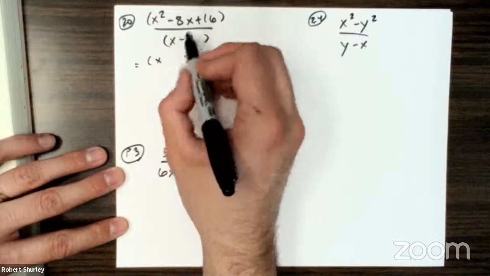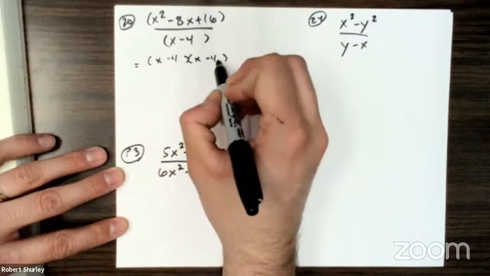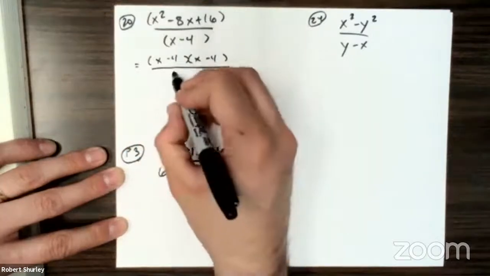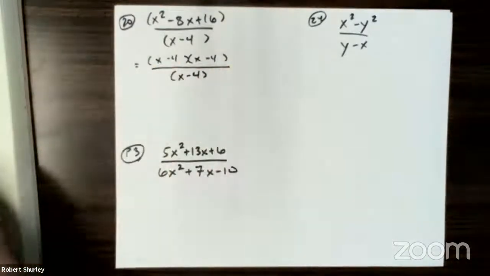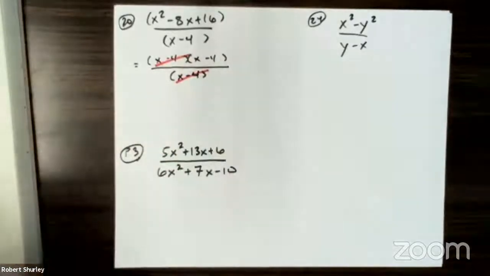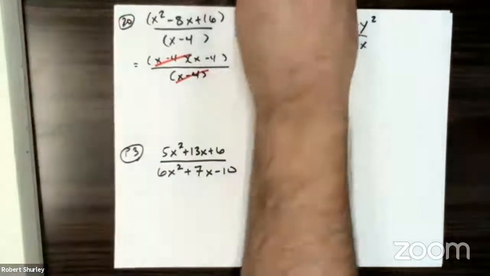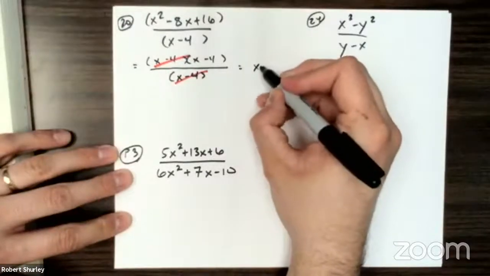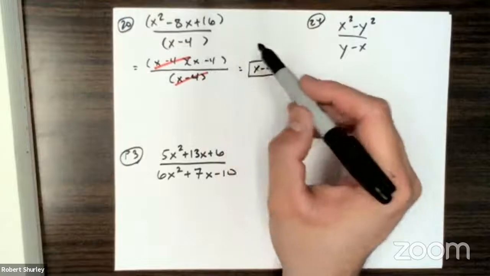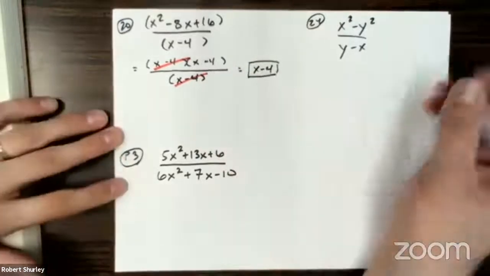So this would be minus 4, which multiplies to give me positive 16, adds to give me a negative 8. Now we've only got one x minus 4 in the denominator. So we're just going to cancel. You can choose either one, it does not matter. And we're left with x minus 4. So that's going to be our solution. Now x minus 4 is in the numerator. It's not 1 over x minus 4, it's just x minus 4.